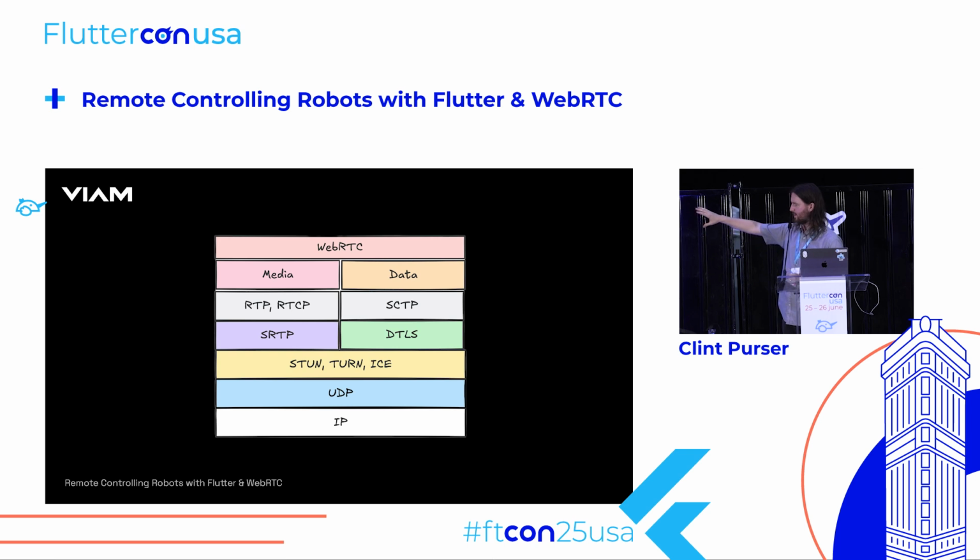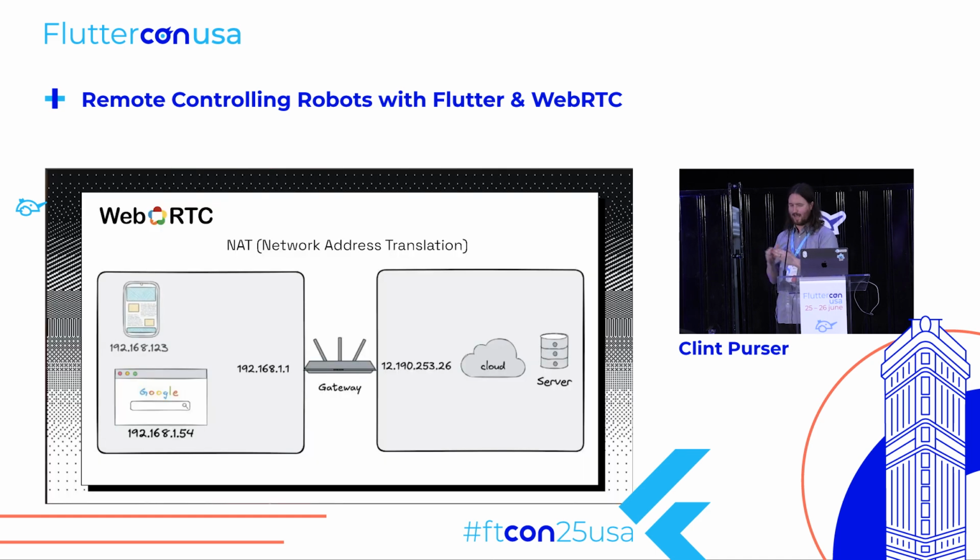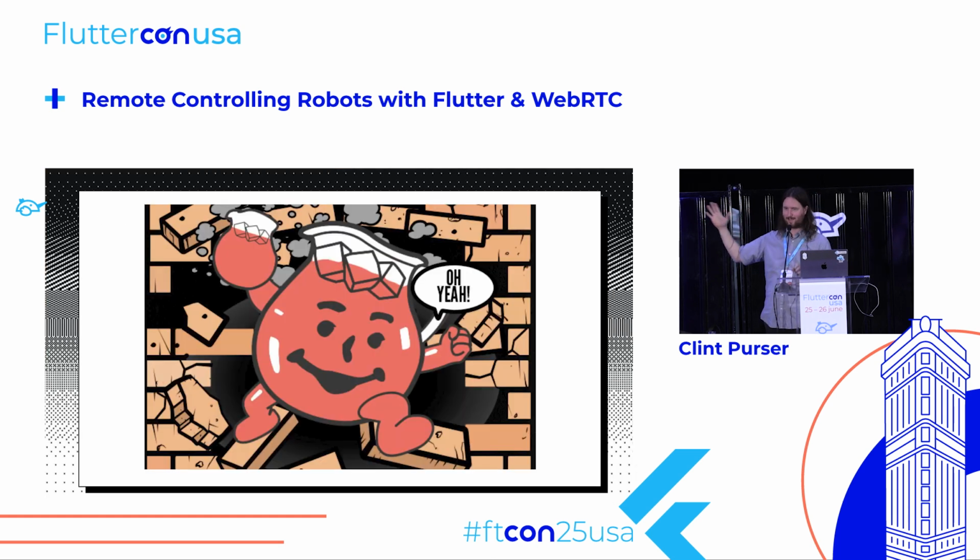You're going through your Wi-Fi modem, your gateway, and so in order to do a peer-to-peer connection, you need to map out that relationship on your local network. Most peer-to-peer connections deal with NAT by doing some sort of hole punching through the network. So think like the Kool-Aid Man here.